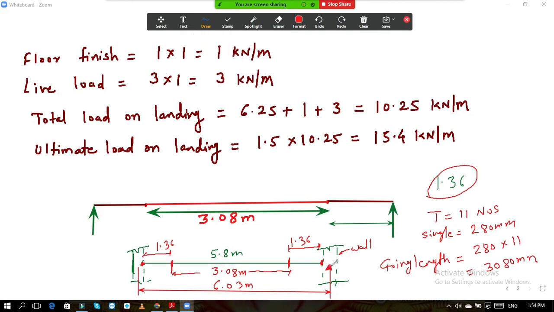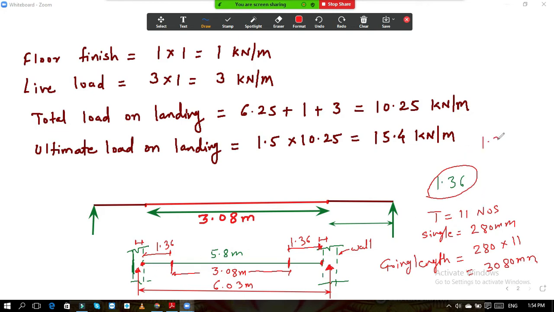So if I draw the arrow, it will be like this, from the center. Now we know the length up to this point. Still we need to add half of the width of the support here, and on this side also. So now what will be the total length?